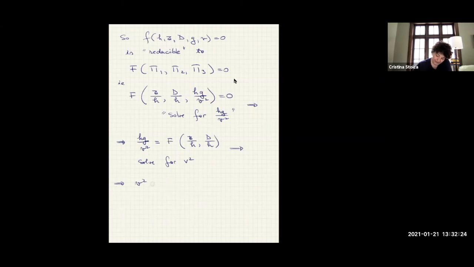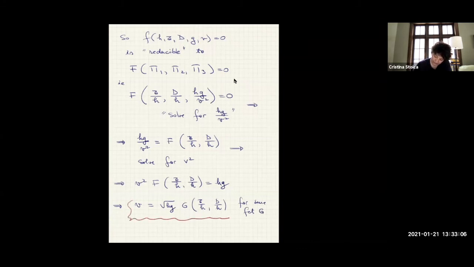I don't want you to think I'm doing something mysterious here; this is just plain vanilla algebra. In other words, v can be written as the root of hg, and then 1 over f, which is some function g of tau over h, d over h. And that's what they wanted.